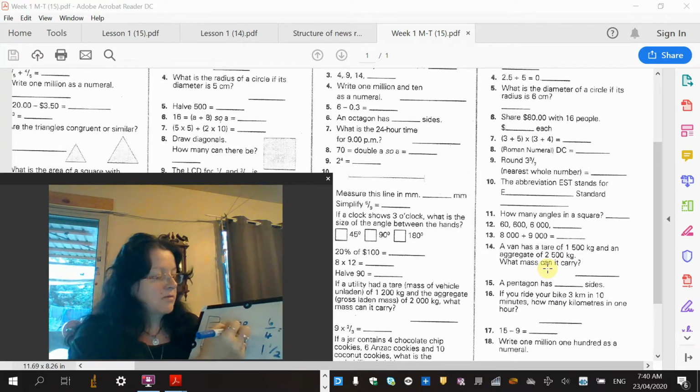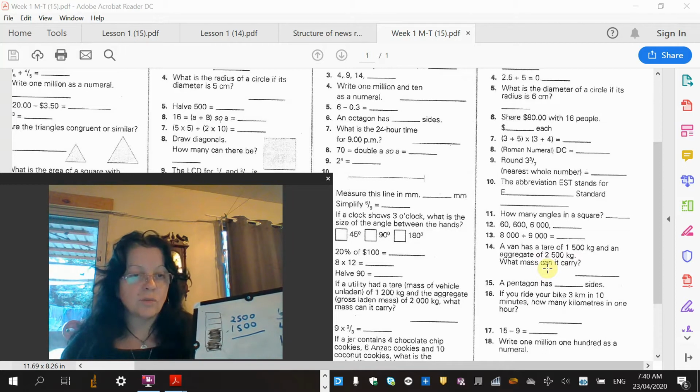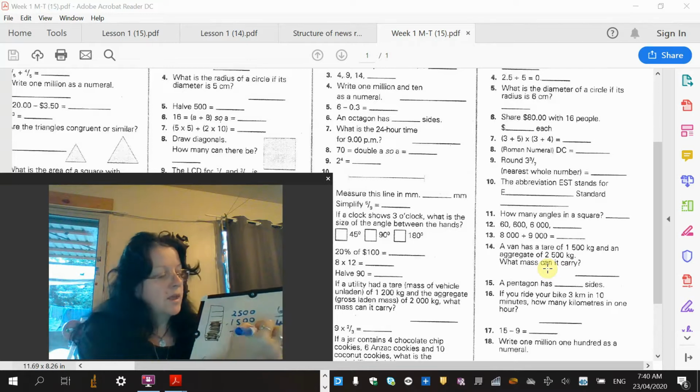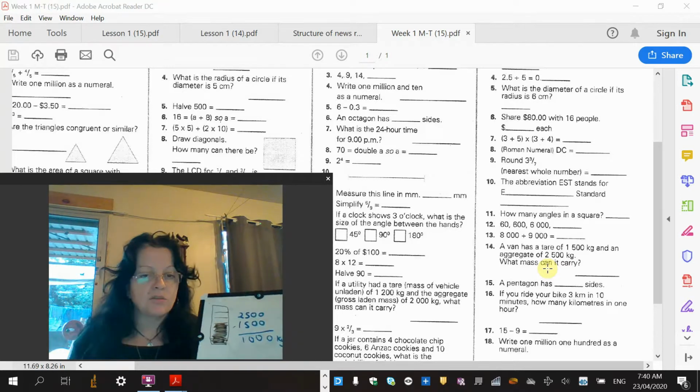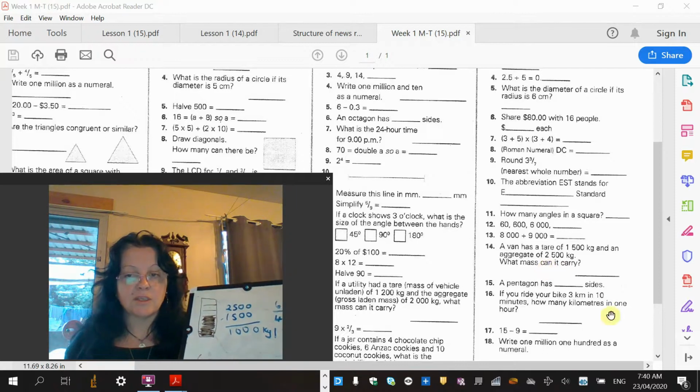Take away 1,500, which is just the ute by itself with no load. 0 take away 0, 0, 0. 5 take away 5 is 0. So it has a weight capacity, don't forget to write it in your answer, of 1,000 kilograms. That's how much it can take in the back, which is a lot.